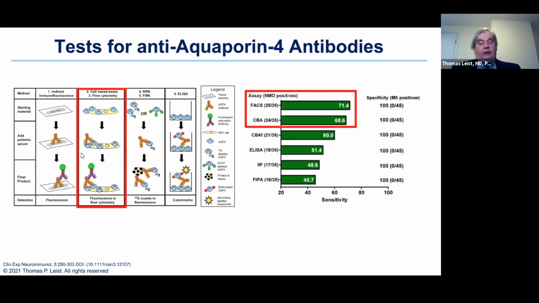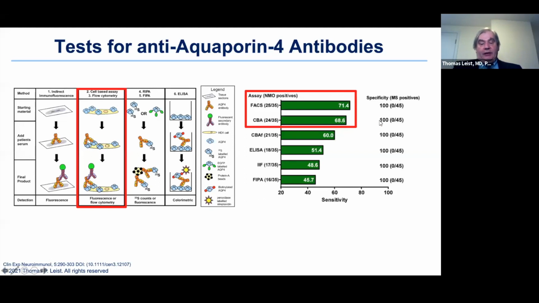What you see on the right-hand panel over here in the box is the fact that even if we have these new, very reliable tests, not every patient that we think has clinically neuromyelitis optica tests positive for the neuromyelitis optica antibody. So keep that in mind.